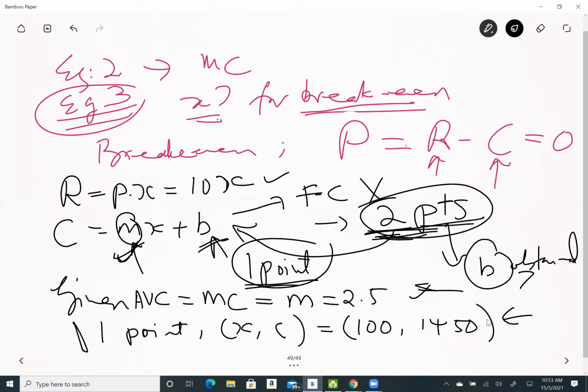Many still haven't put a picture. Okay, please put your picture so that I at least have an idea of my students. Otherwise, I don't know, there are so many people. Okay, this is good.